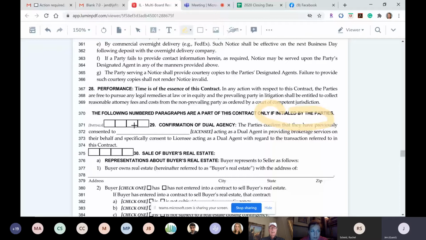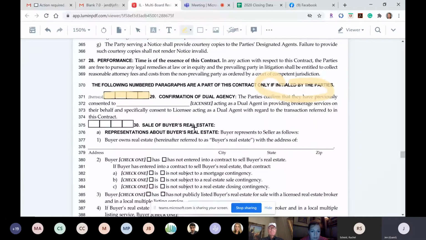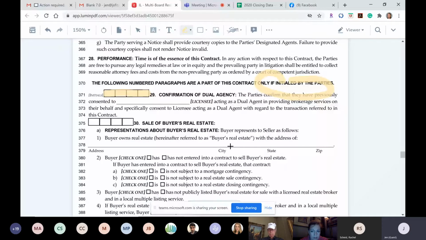If you are a dual agent, which we highly discourage, but if you're acting as a dual agent, that's something that everybody in the transaction, buyers and sellers, need to sign off on, okay? Here, John, is what you were asking me. A lot of times, the buyer needs to sell their house before they can afford to buy a new house.